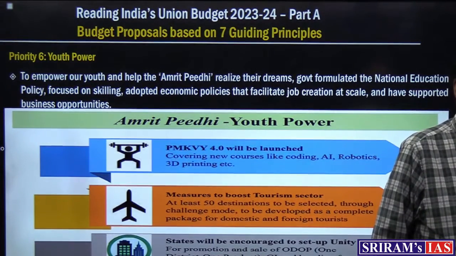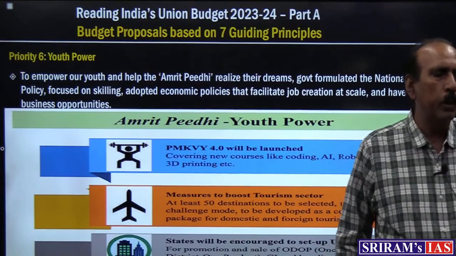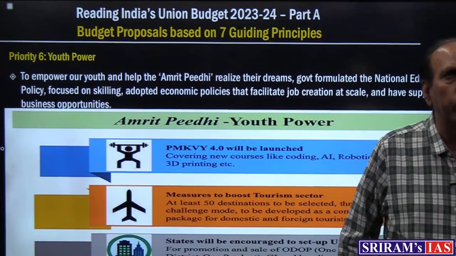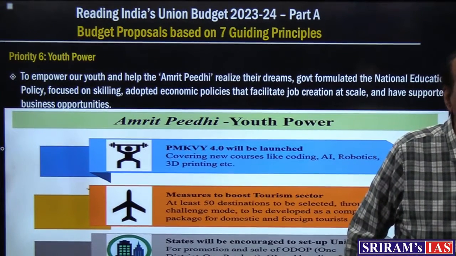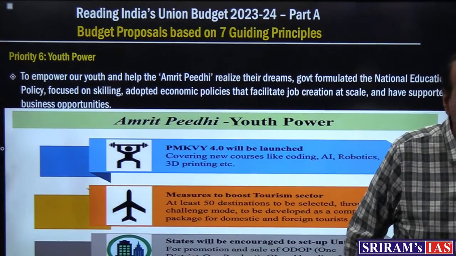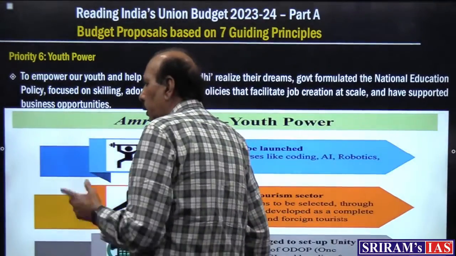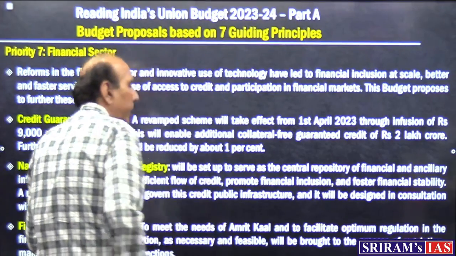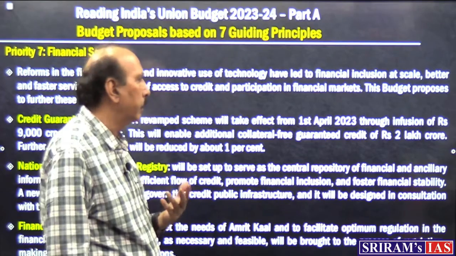And therefore, every state will be encouraged to set up a Unity Mall under which all kinds of products specific to the particular state will be showcased, so that when tourists come and visit the Unity Mall, they will be able to find out the kind of products available in that particular state.